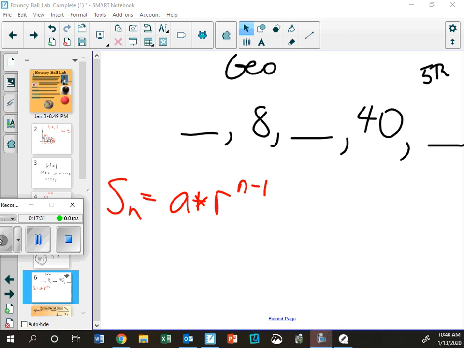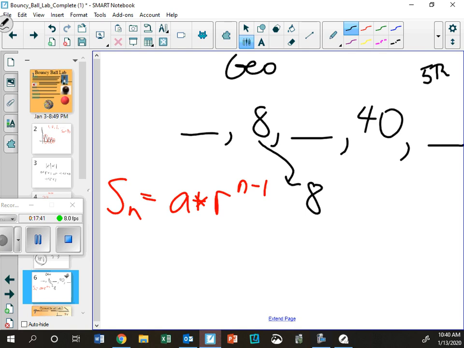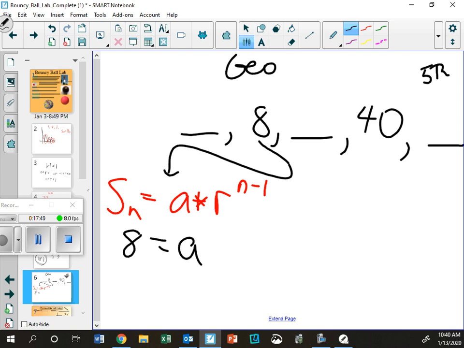Okay, so I'm going to write the first equation. I'm going to use the 8. I might as well put it right underneath the equation. So I'll use this equation. 8 is A. Well, I don't know A, just put A. Times what's R? I don't know R, so put R. And do I know N?